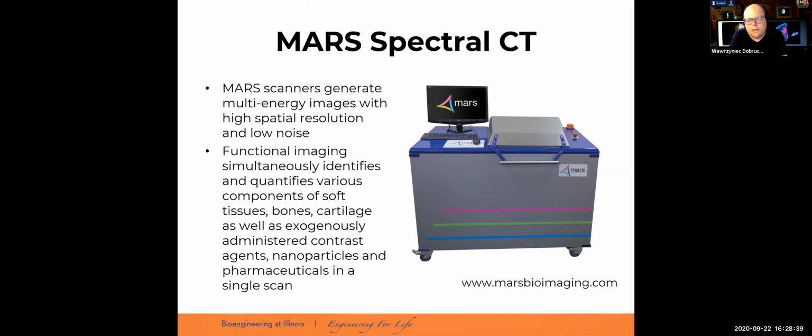Those scanners generate multi-energy images with a high spatial resolution and low noise. This allows a simultaneous identification, with very good quality, of soft tissue, bones, cartilage, and also contrast agents, nanoparticles, and pharmaceuticals in a single scan.